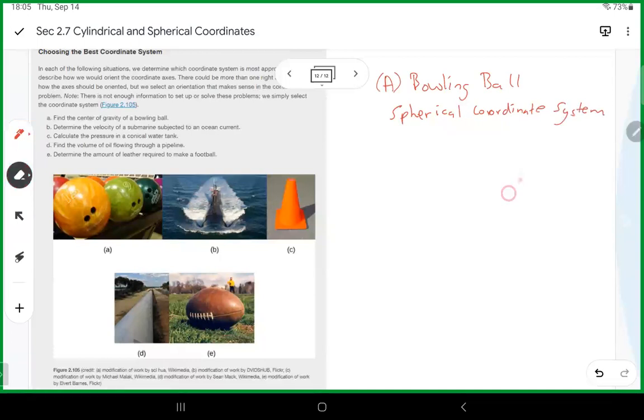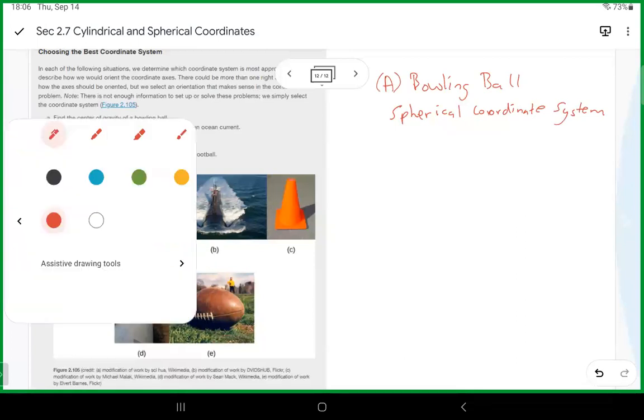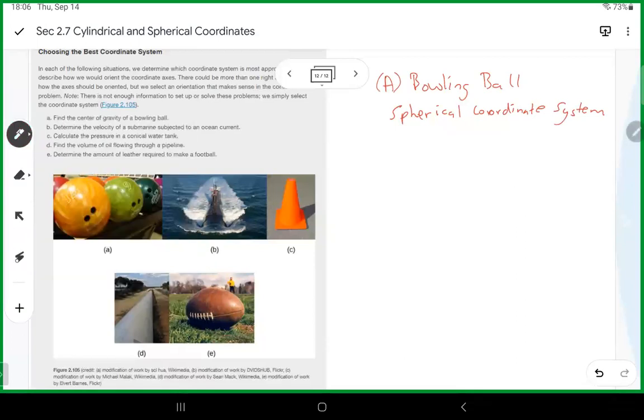Okay, very good job. So there's no obvious choice for how the axes should be oriented. I mean, even your most avid bowler is not going to sit there and go, well, we could put it directly in the middle, or we put it like... it really doesn't matter. So that's your answer for that one.